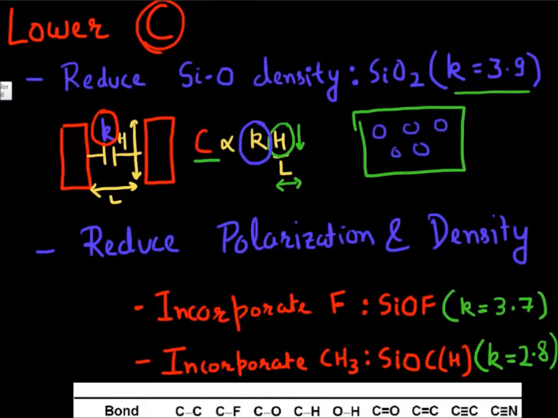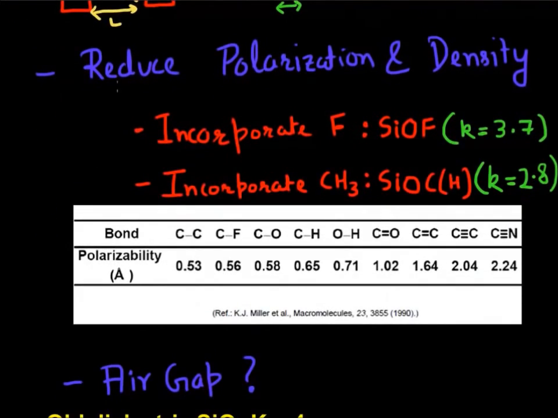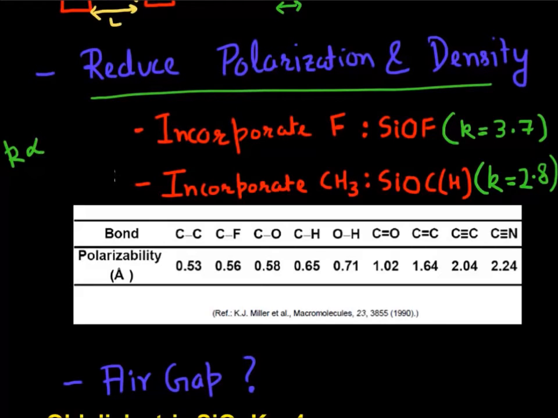The other way it can be attempted is to reduce the polarization by incorporating other elements into the silicon oxide. The K value, or dielectric constant, is proportional to the polarizability of the bond.